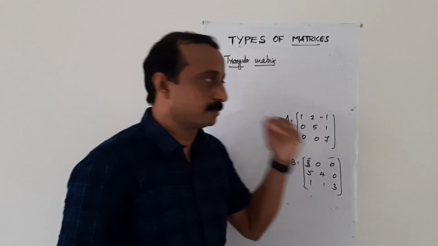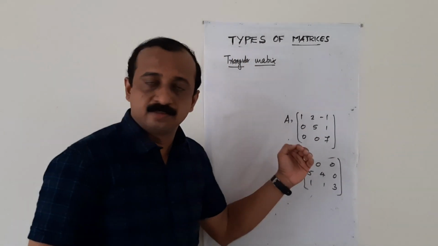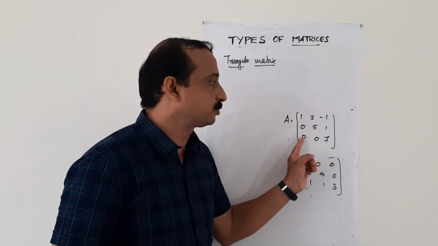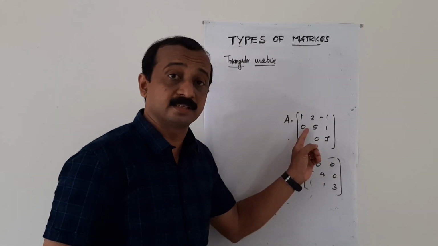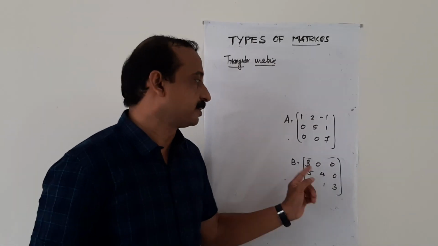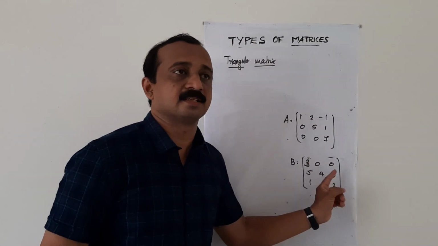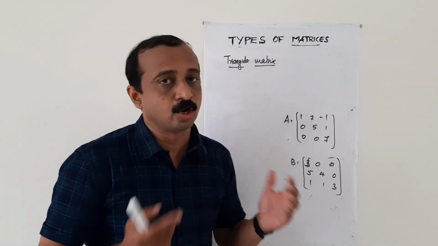Okay? Let me summarize once more. A square matrix in which all the elements below the principal diagonal are zero is called upper triangular, and one in which all the elements above the principal diagonal are zero is called lower triangular.